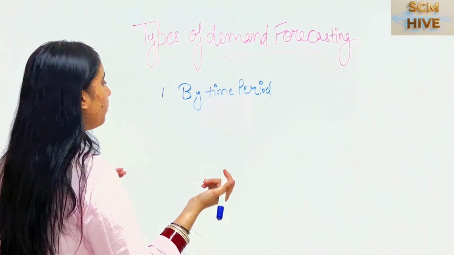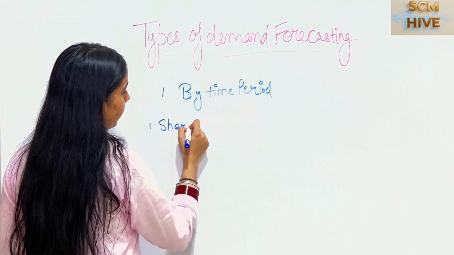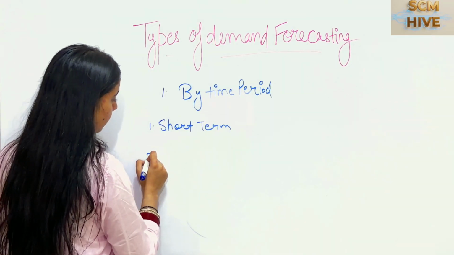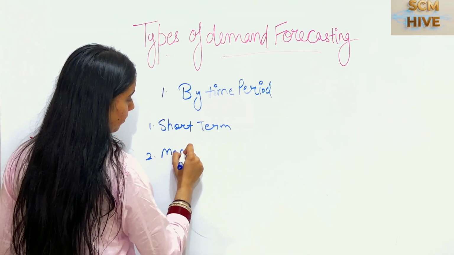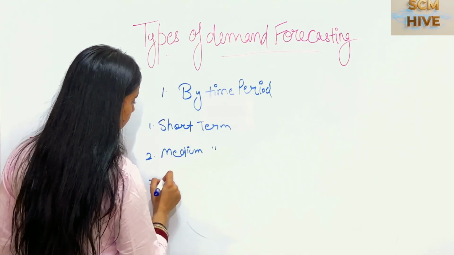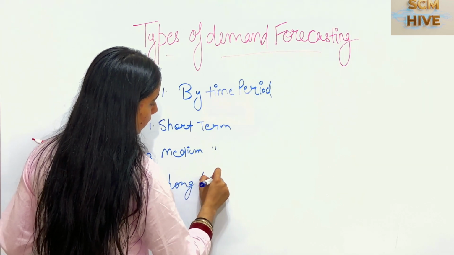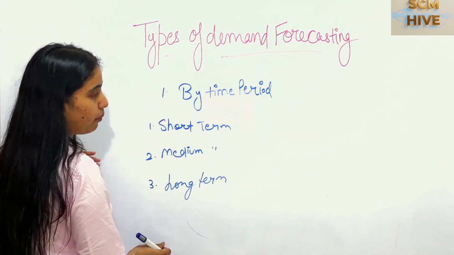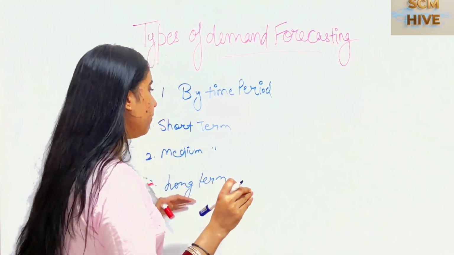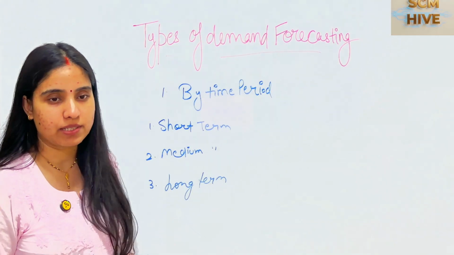Now, I hope it is very clear. The short term, the medium term, and the long term all come under by time period. Now, when I'm talking about these 3 types, the first thing that comes up is what is the time frame of each.